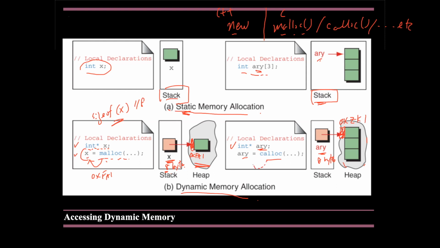So this function returns a memory address that got allocated in the heap, ZK1, back to ARY, and ARY is a pointer that stores that information. So even though ARY itself on the very first line is declared off of the stack, the memory that ARY is pointing to is coming off of the heap. This illustrates how memory is retrieved off of the stack versus the heap.